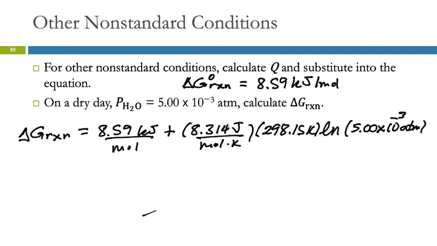8.59 times 10 to the 3. That's 8.314 times 298.15 times the natural log of 5 times 10 to the minus 3. So I'm getting minus 4544 joules per mole, which would be negative 4.54 kilojoules.